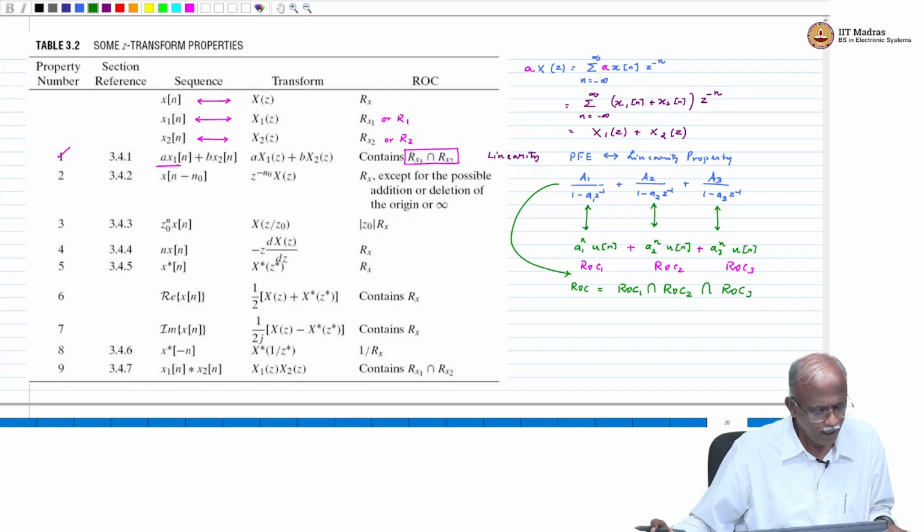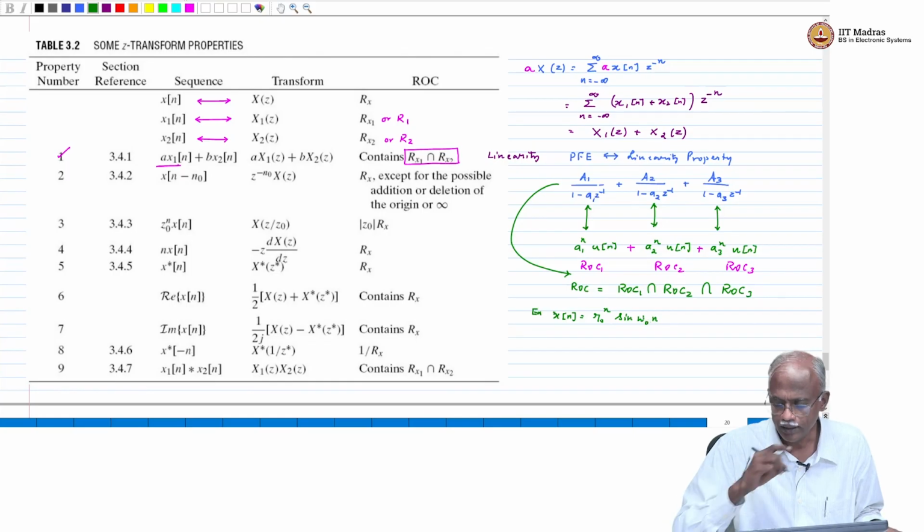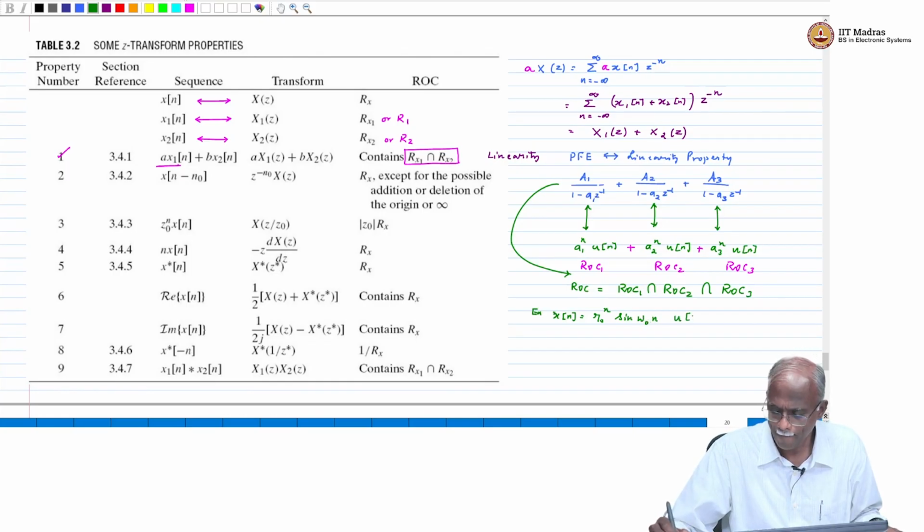Okay, and another example that we had also looked at: we said x of n equal to r naught power n sine omega naught n times u of n.